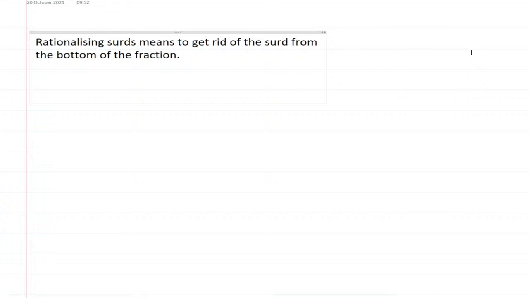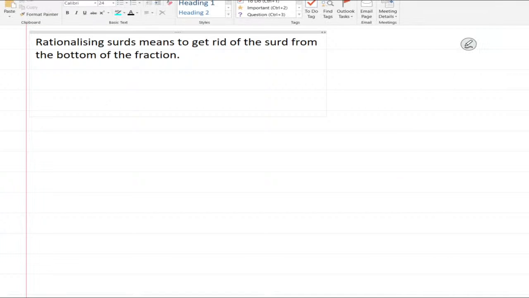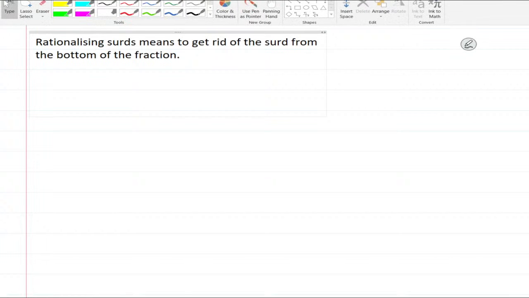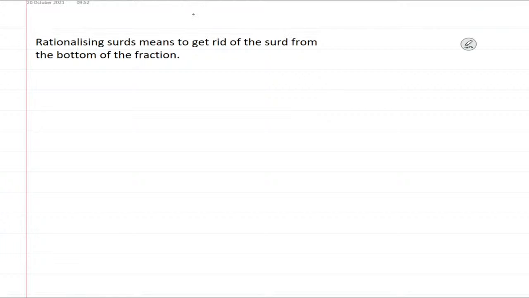Sorry, the board wasn't plugged in. We have things that look like this. There we go. Notice that the surd is on the bottom. The surd is on that denominator. Now, the reason we don't like that, again, comes back from the Greek times.